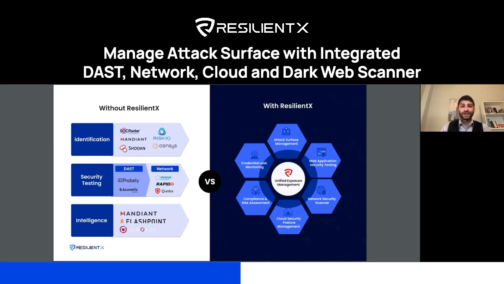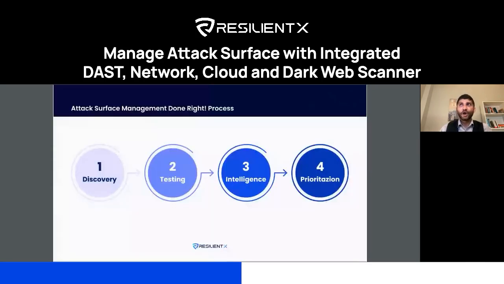Going back to the previous slide, all these phases are done directly in ResilientX without any kind of gap. This is very important, to be done fast and instantly, without giving any gap and time to the attackers or the unknown to attack our servers, to attack our organization.